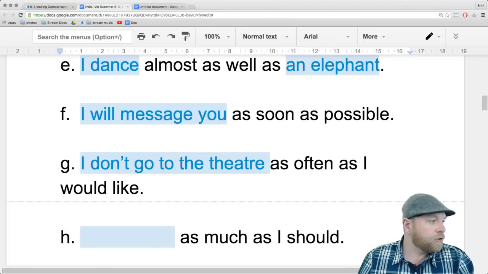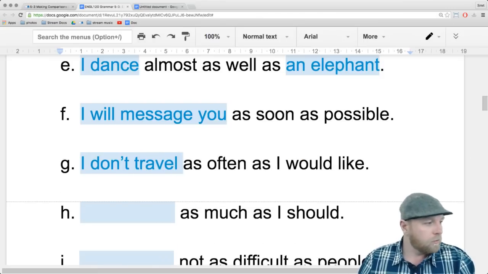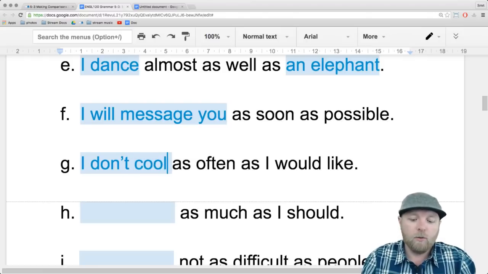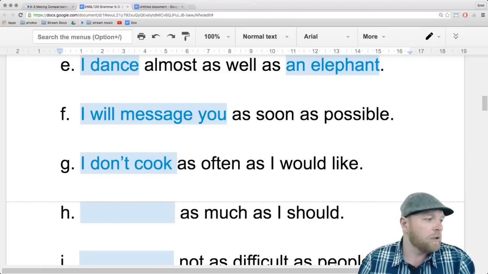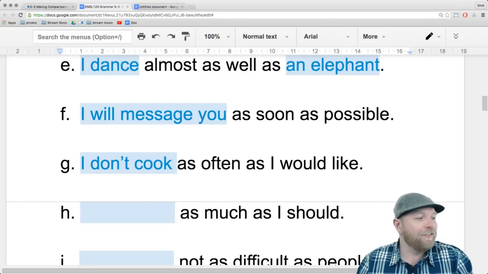G, I do not travel. Diana understood, right? I don't travel. Diana, you're smart. I don't cook as often. Valerie, you're a very good cook, but I don't cook as often as I would like. All right. Risvana: I watch TV as often as usually, if it's not negative.